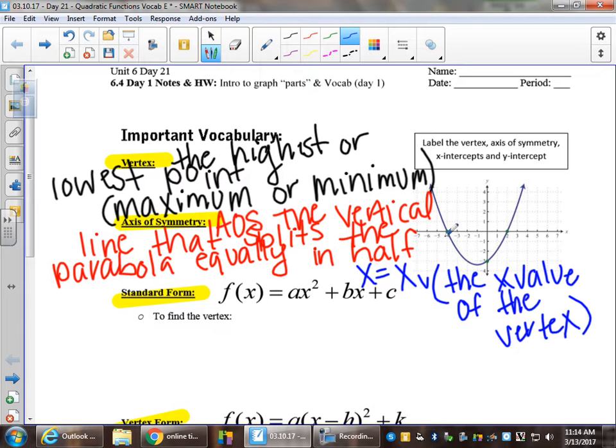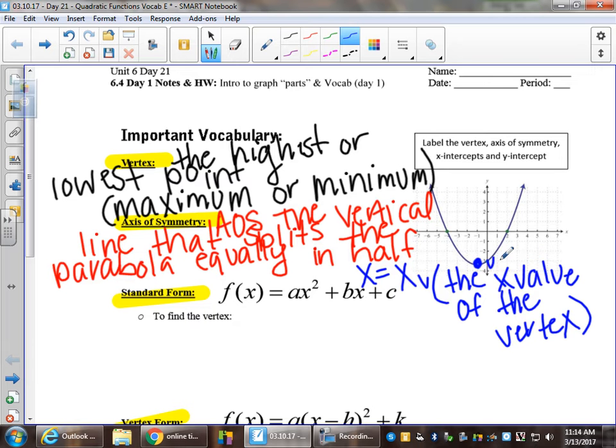Okay, so really quick, looking at this graph, where is my vertex? Tell me in words where I'm going to draw my point for my vertex. So the vertex has to be on the graph. So your vertex is going to be right here.